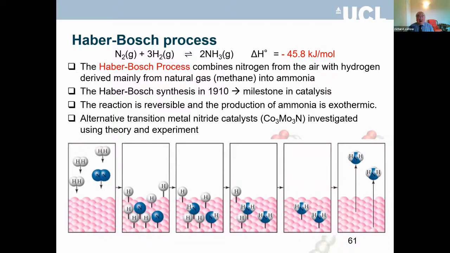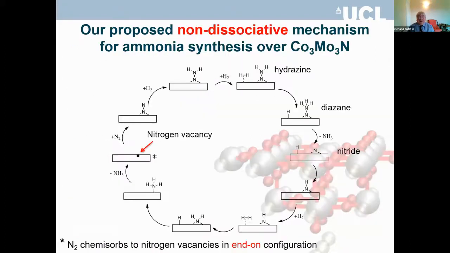Now, Hargreaves' group, and there are others around the world, have been investigating metal nitride catalysts. In particular, this cobalt molybdenum nitrogen system proves to be quite a good catalyst for this chemistry. And we studied this computationally, and what we found was that it seems to be that there's a different mechanism, which we try and illustrate here.